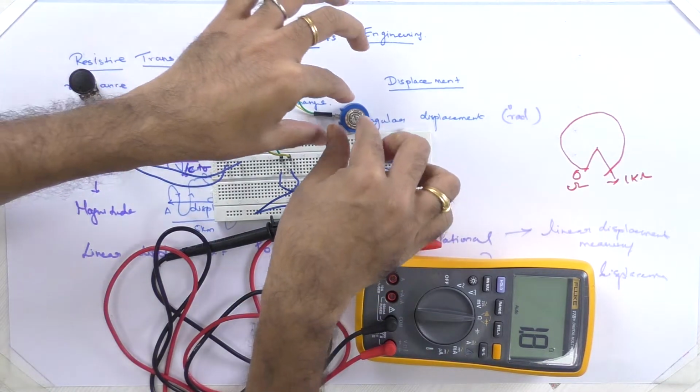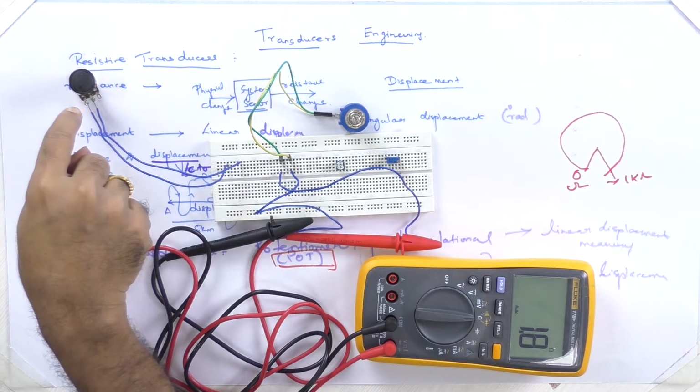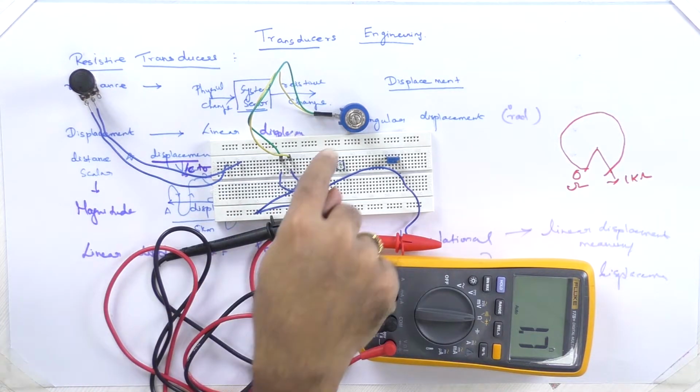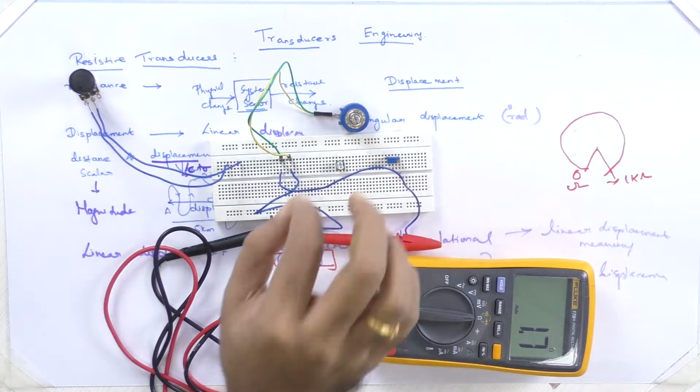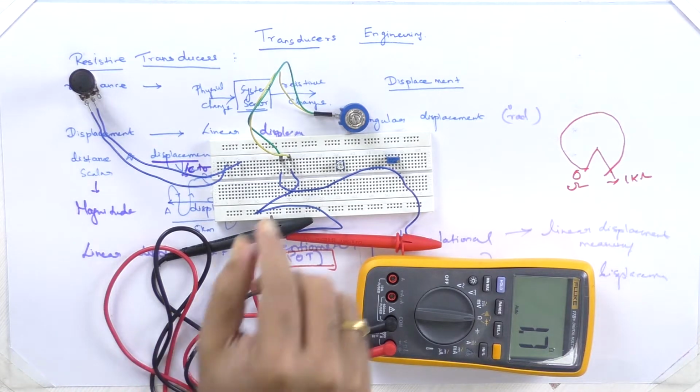I am going to change it, it is a 10 turn potentiometer. Here you had only one turn for your 360 degrees, for your 1 kilo ohm. Here the same 1 kilo ohm can be expressed in 10 turns. So each turn corresponds to 100 ohms.